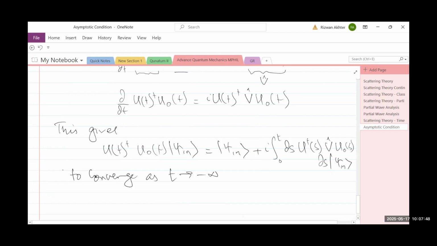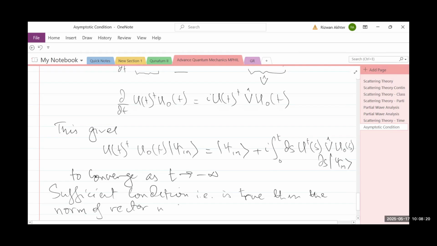If this is true, then the norm of the vector in the second term, the integral term that we wrote above, goes to zero, and that is what we intend to prove. So this is the sufficient condition here.